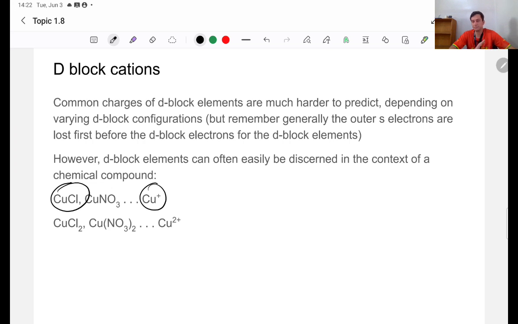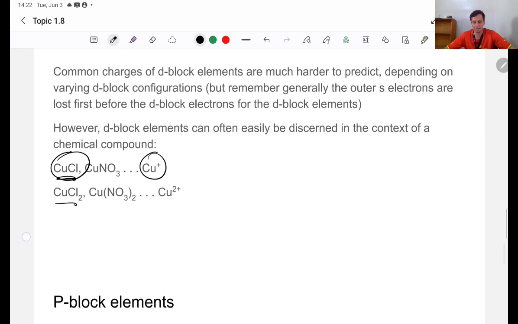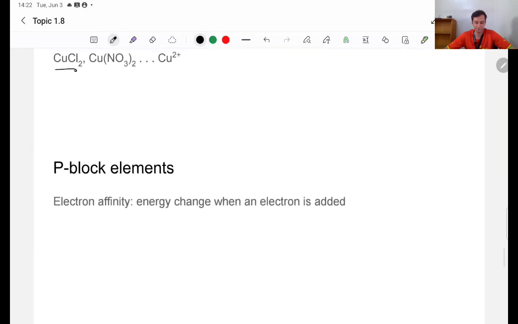The exception is an oxidation-reduction reaction, like we'll have in Unit 9, where the charge of the ion is changing. But in most cases, we can discern the charge of a D block element, if it's not given to us, by looking at the oxidation number or charge it would need within the compound to balance out the other charges.